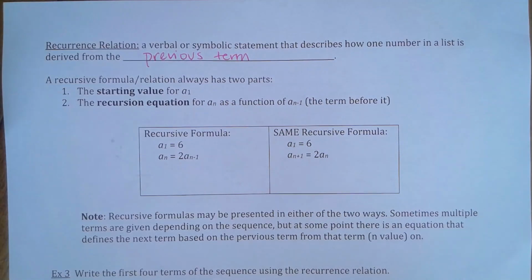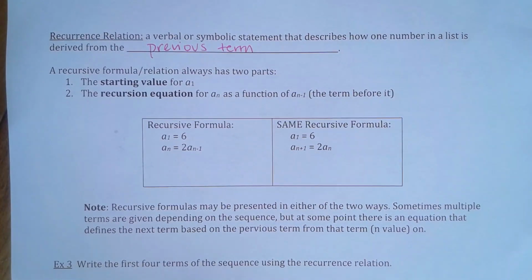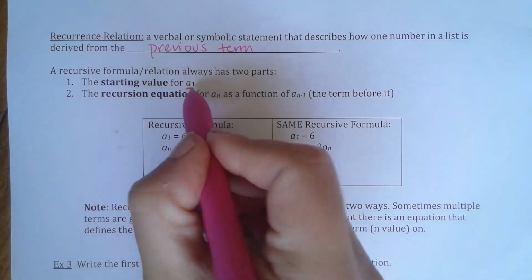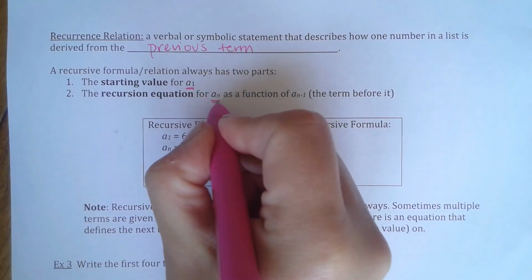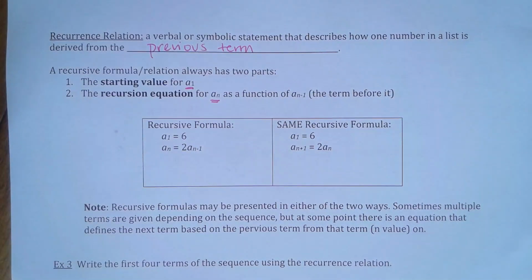But it has two parts. One of the parts is the starting value, so we symbolize that as a sub 1, meaning the first value in our sequence. And then we have this equation that we signify as a sub n. Now, a sub n is a function of a sub n minus 1.